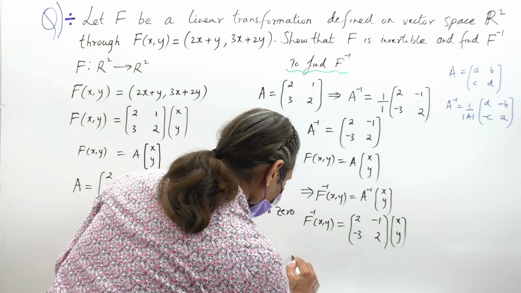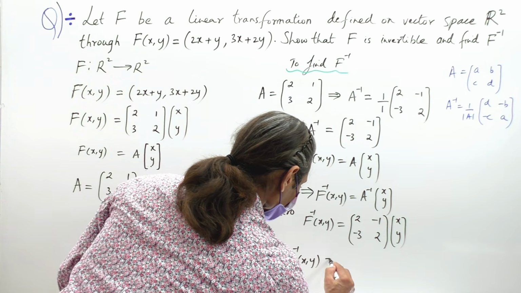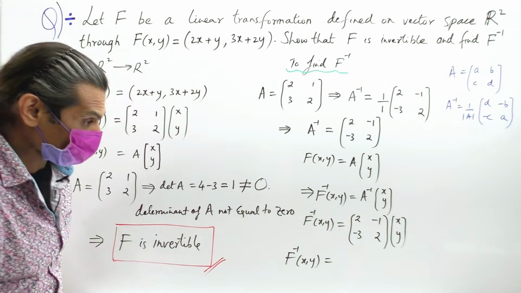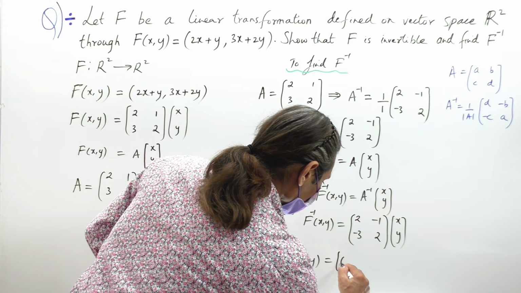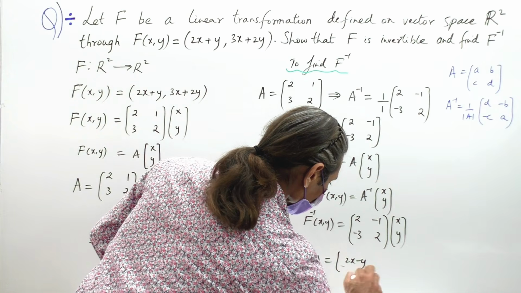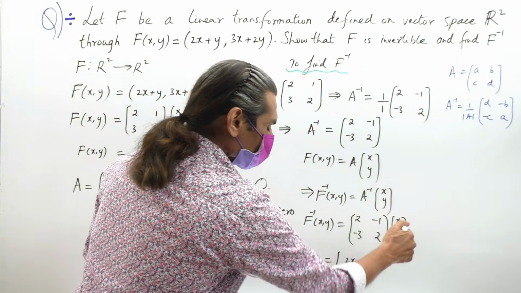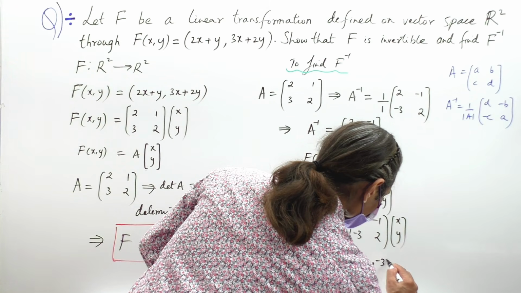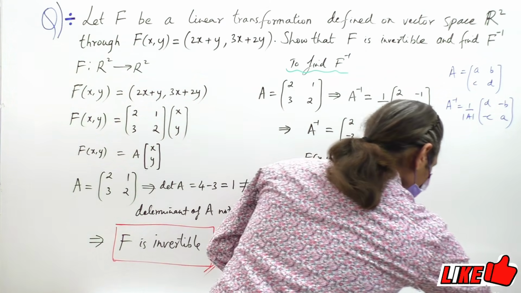Okay, that means F inverse of (x, y) will be 2x minus y, comma, minus 3x plus 2y. That's all, as simple as that.